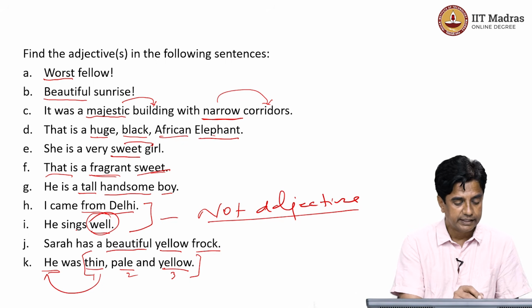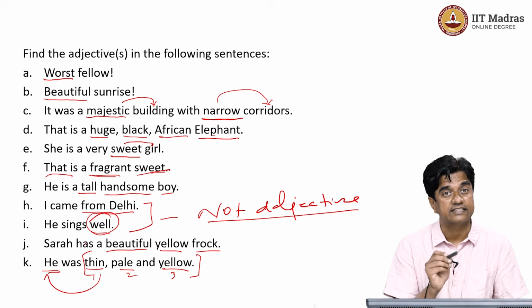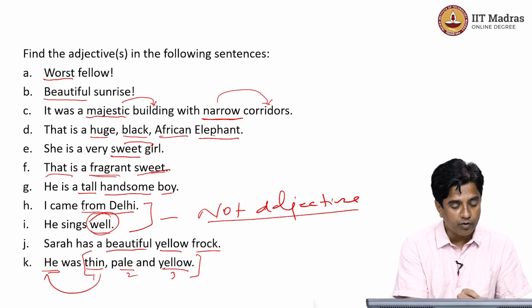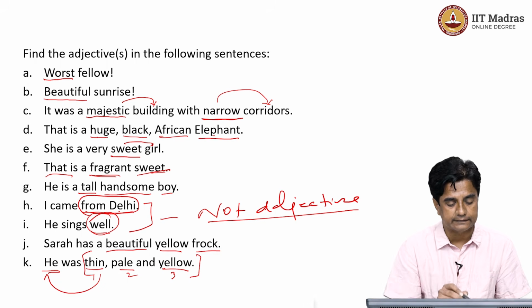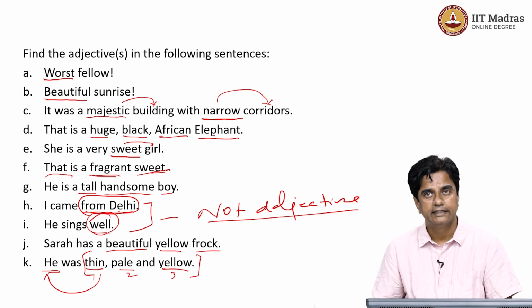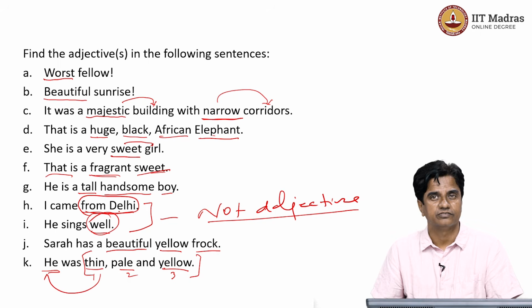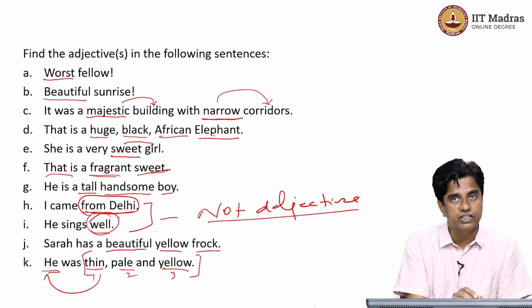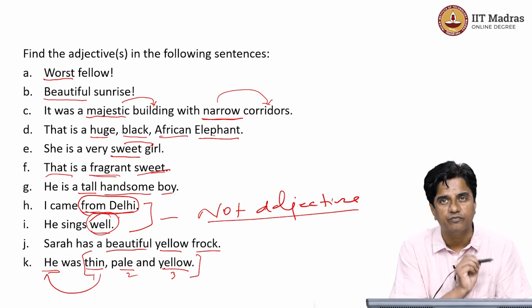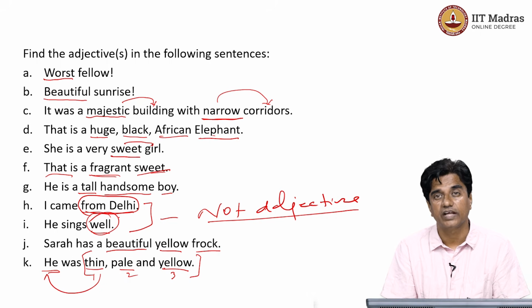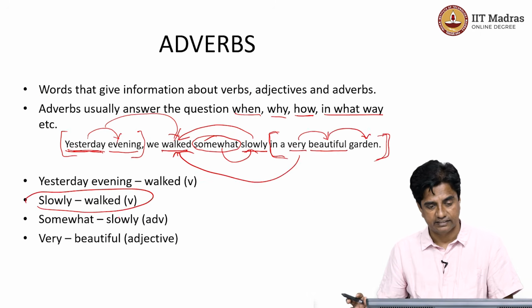Okay. So how does he sing? He sings well. From Delhi. I came from Delhi. It gives information about location. So this phrase is also a type of adverb. This whole phrase has adverbial function.